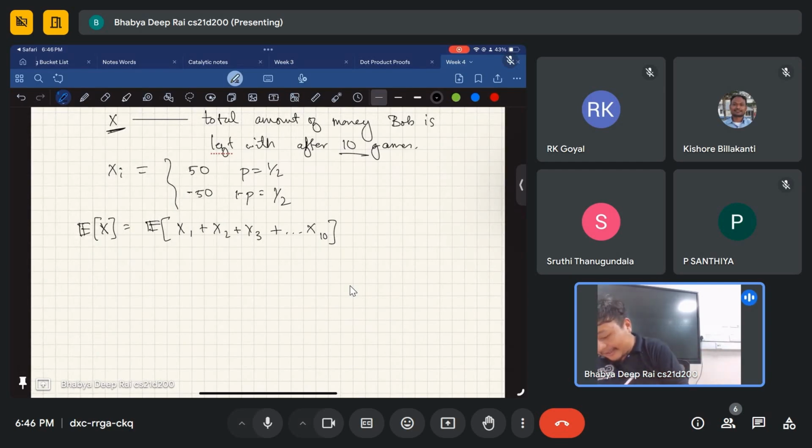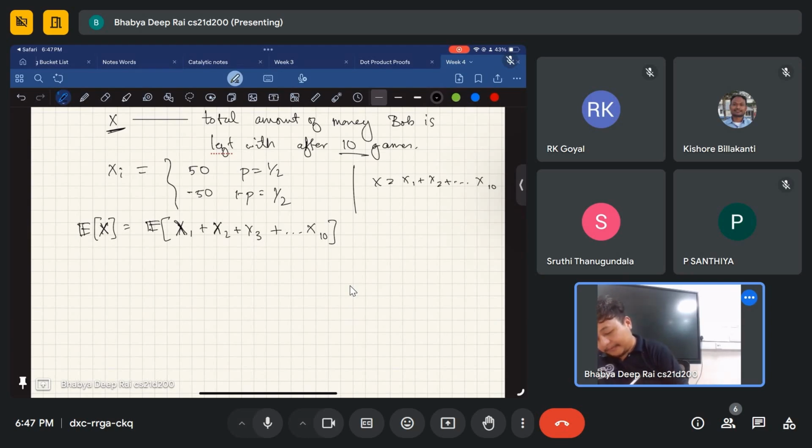It's just simply that I'm replacing X, which is the total amount of money Bob is left with. Bob wins or loses, and I'm summing up each of these. So let's say x1 is 50, x2 is in the next one he lost minus 50, next one he won 50, and so on. So you can easily substitute X for x1 plus x2 plus x3, right? So you can also say, just say it separately, that X equals x1 plus x2 plus and so on, x10.